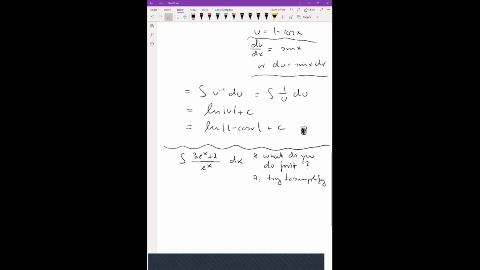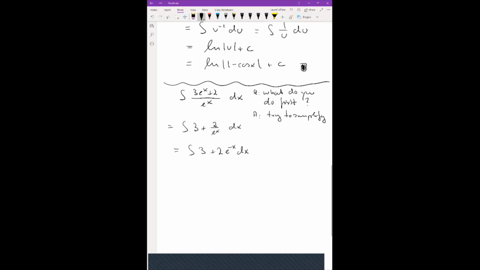But in this case, you can really simplify it, because if you divide by e to the x, then you have the integral of 3 plus 2 over e to the x dx, which is the integral of 3 plus 2 e to the minus x dx.